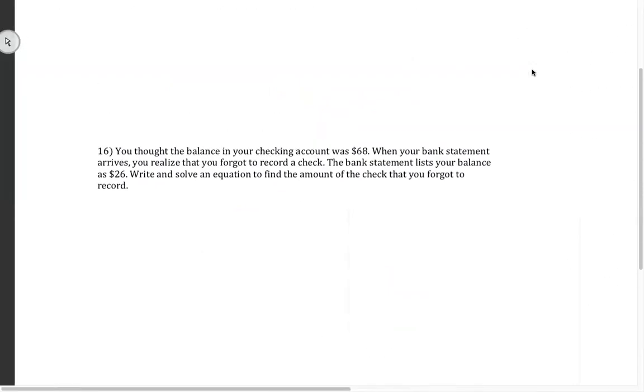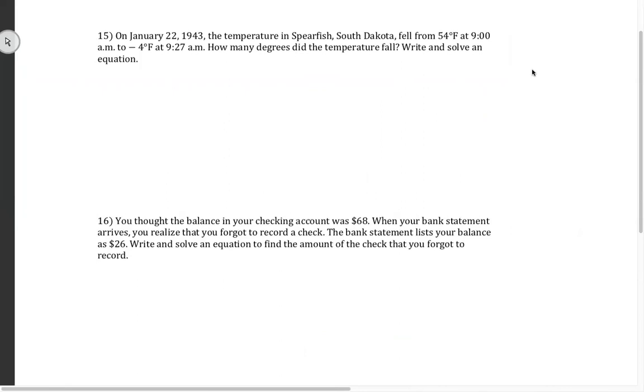Turn the page. We have 2 problems left, and I'm going to make it quick. On January 22nd, 1943, the temperature in Spearfish, South Dakota, I have no idea where that is, fell from 54 degrees Fahrenheit at 9 a.m. to 4 degrees below at 9:27. It's asking me, how much did the temperature fall?